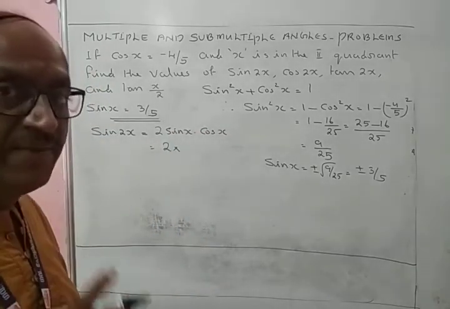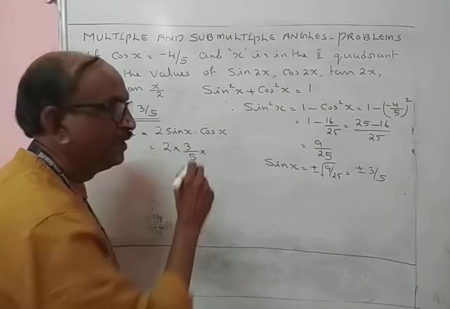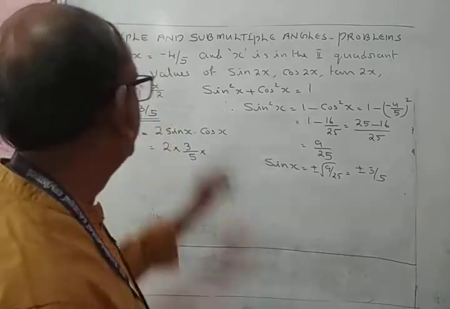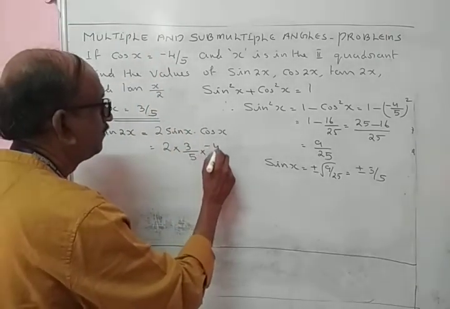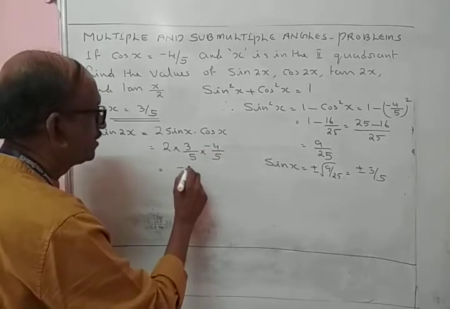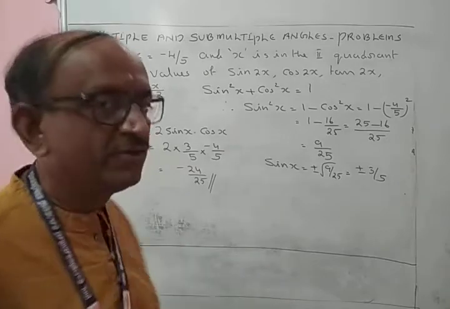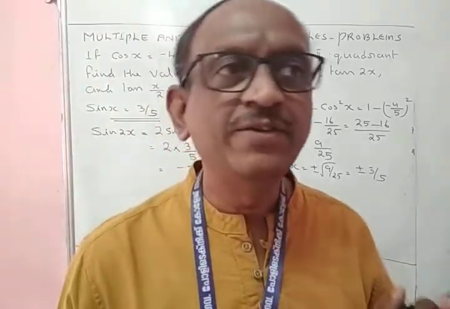Sin x is 3 by 5. Cos x is minus 4 by 5. 6 into minus 4, minus 24 by 25. Therefore, sin 2x is minus 24 by 25.